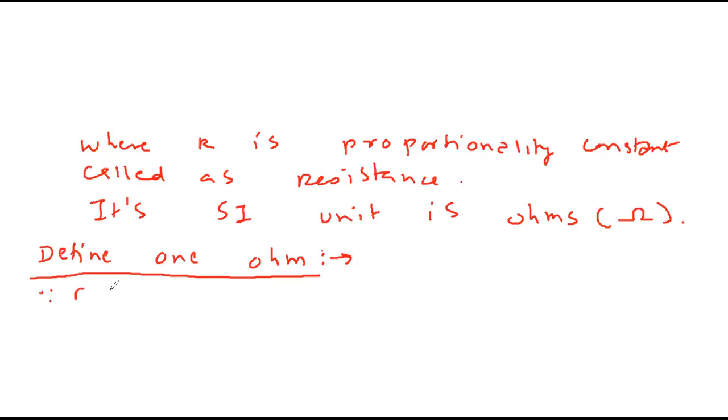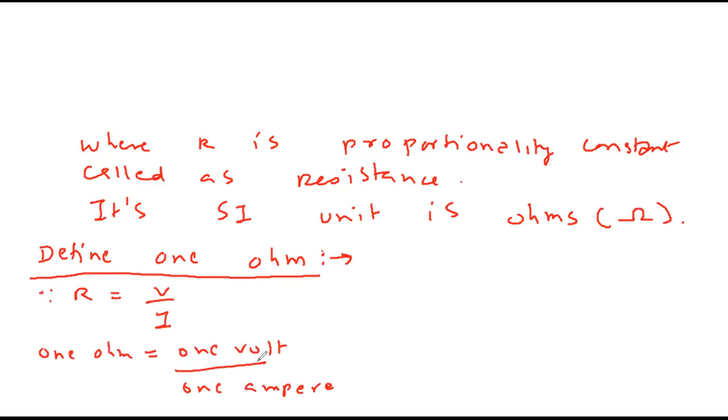Since R is V upon I, I can say 1 ohm equals 1 volt upon 1 ampere. So from this we can define it.